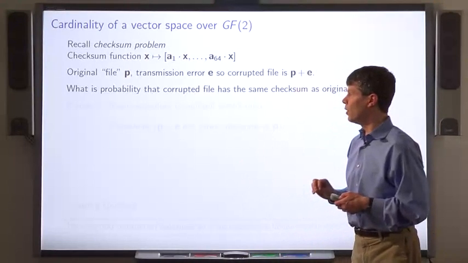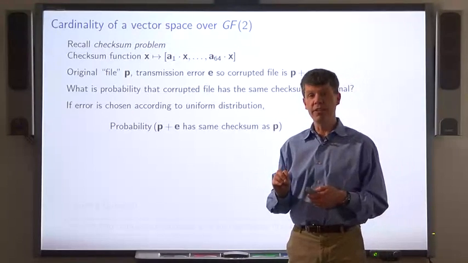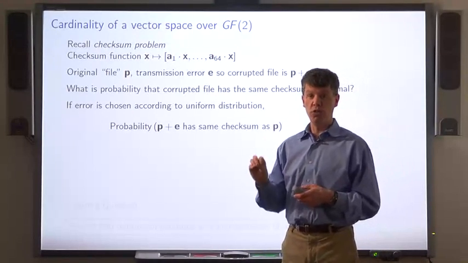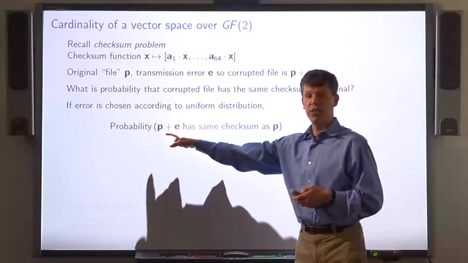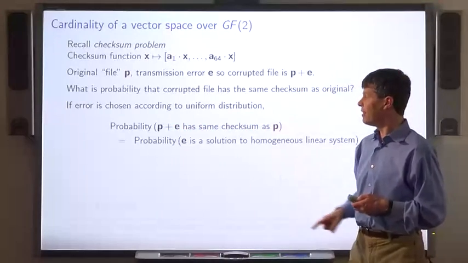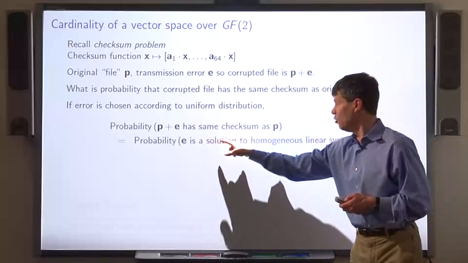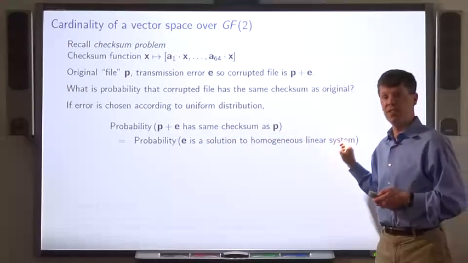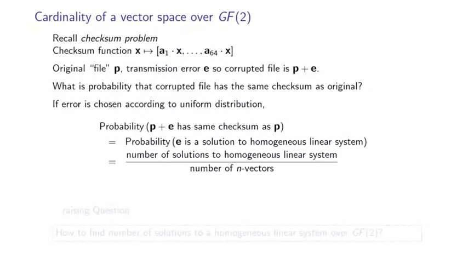Well, if this error is chosen according to the uniform distribution, the probability that P plus E has the same checksum as P is the same as the probability that E is a solution to a homogeneous linear system, which is equal to the number of solutions to the homogeneous linear system divided by the number of all possible vectors E, the number of n-vectors.